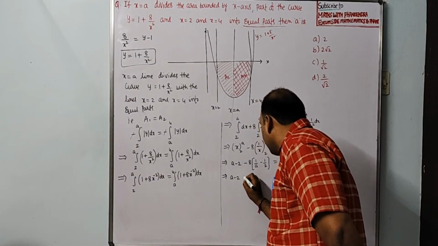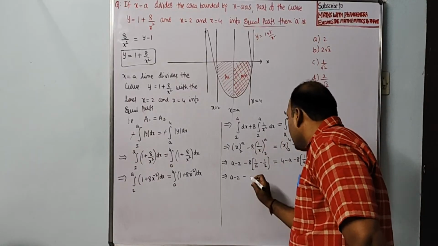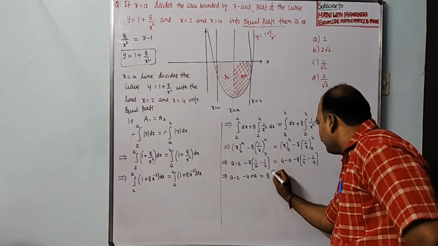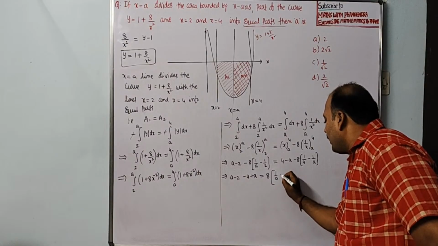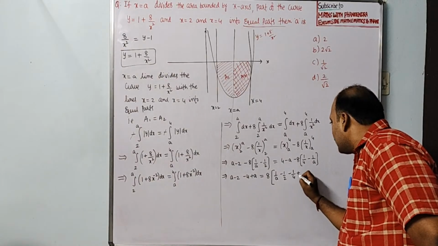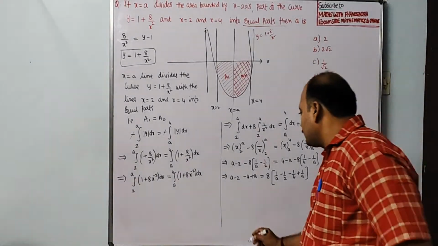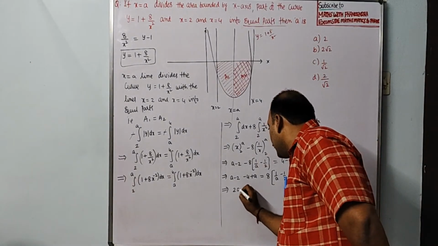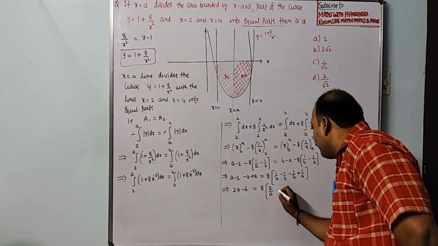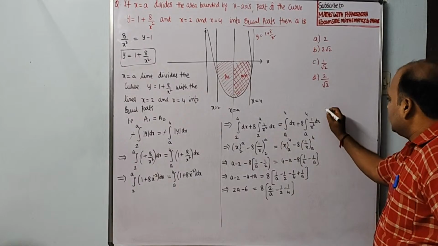Bringing the values to one side, a plus a is 2a, minus 6, equal to 8 times (2 by a minus 1 by 2 minus 1 by 4). Take LCM and simplify.